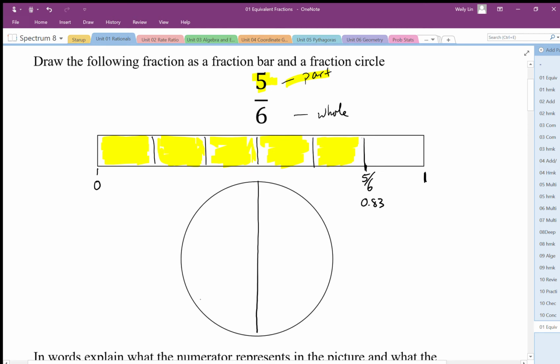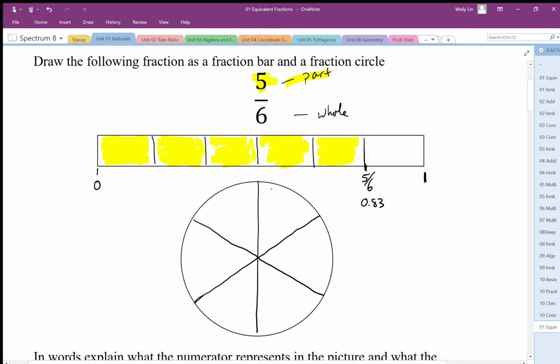And then this is a little bit harder. I need to make 6 parts. We don't know thirds as well, but I know that 3 is a factor of 6. So I know I need to chop it up into thirds. I'm going to do the best I can and chop it like that. That's not too bad. There's my 6 parts whole. Then I need to shade in my parts here.